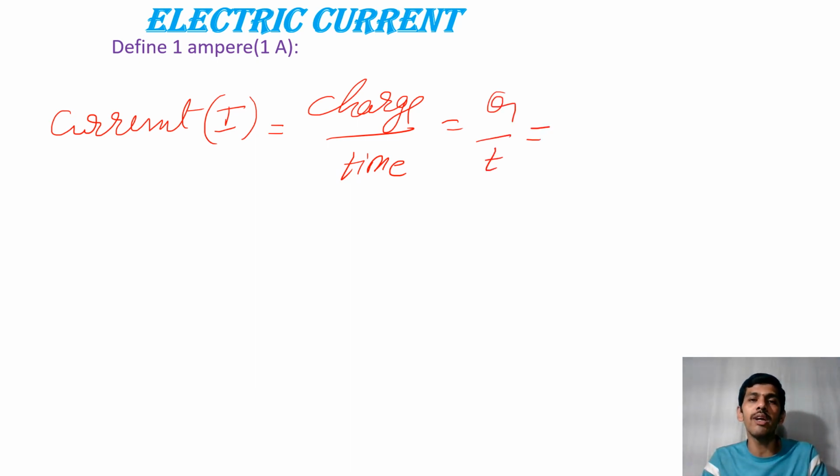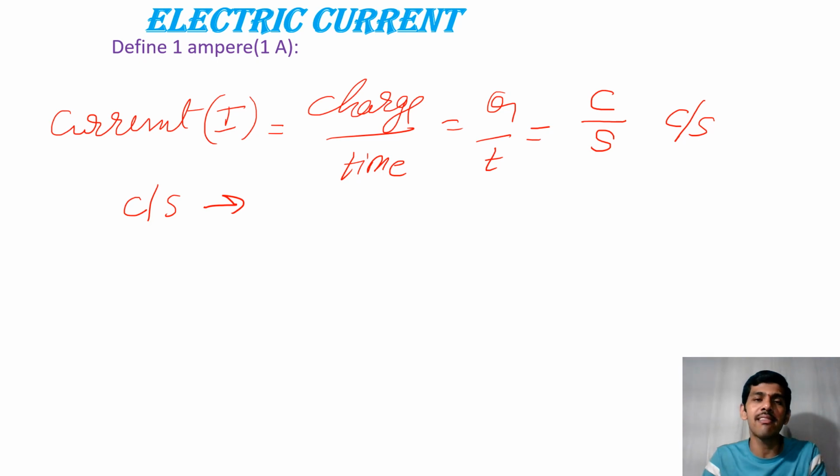Here, what is the SI unit of Q? Q is coulomb. The SI unit of charge is coulomb, divided by time. The SI unit of time is second. So coulomb by second, or coulombs per second. There is a separate name for this: coulombs per second is represented as ampere.